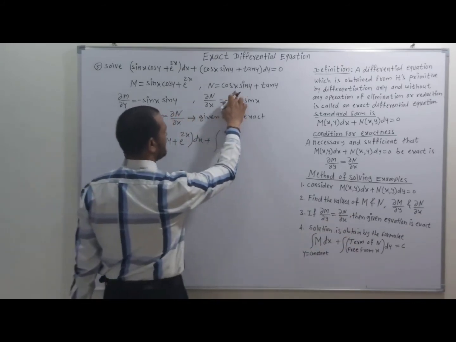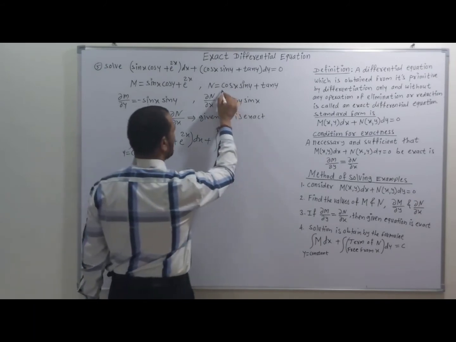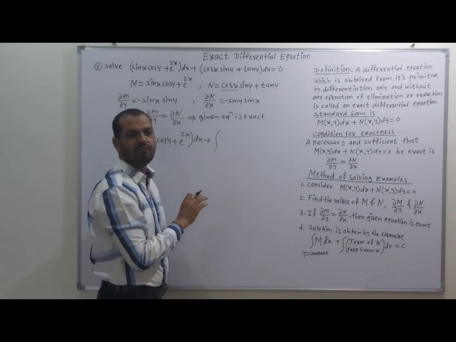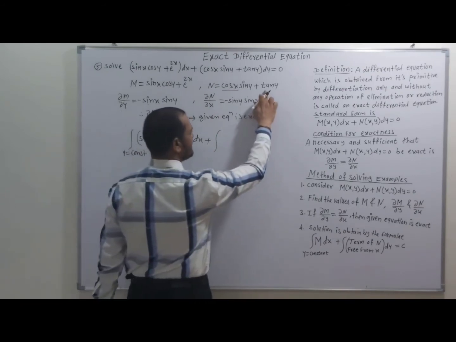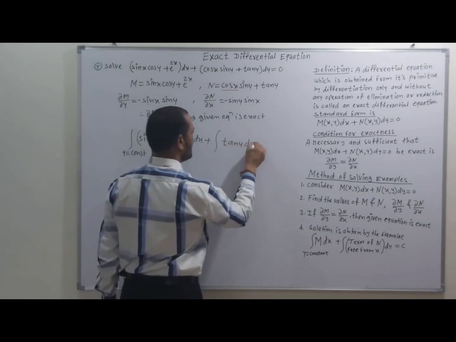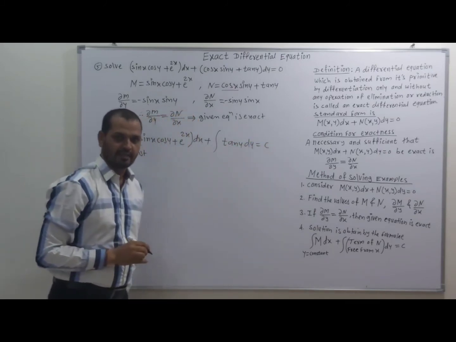So here this is the value of n. Here cos x is present, that means in the first term x is available, so we will avoid this term. Then the next term is tan y. So we can write this as tan y dy equal to c.